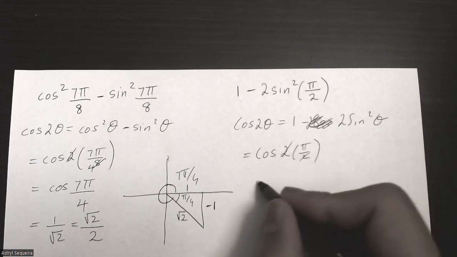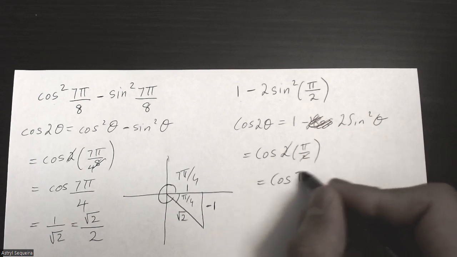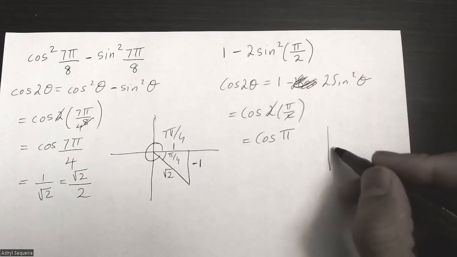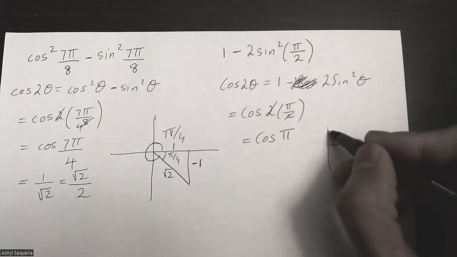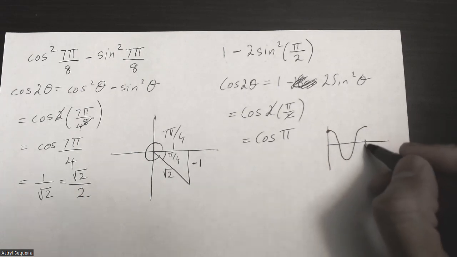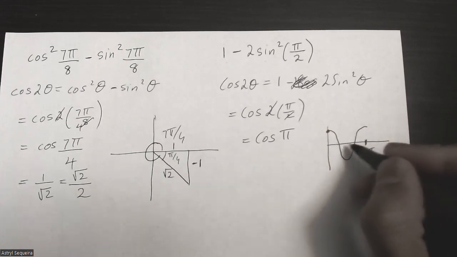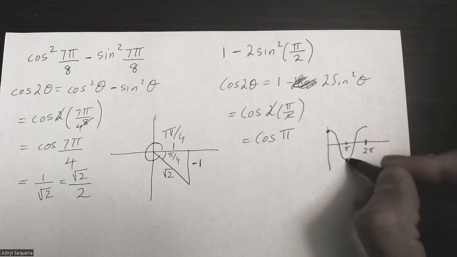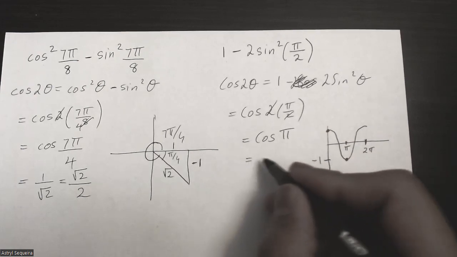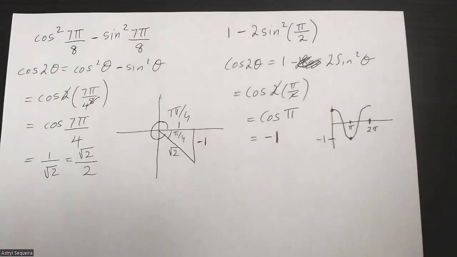These 2's cancel, so this is just cos of pi. Cos of pi can be solved using a cosine graph. Cosine graph looks like this, where this is 2 pi and then pi is here in the middle. So cos of pi is just this point down here, which is a value of negative 1. My final answer for this last one is just negative 1.